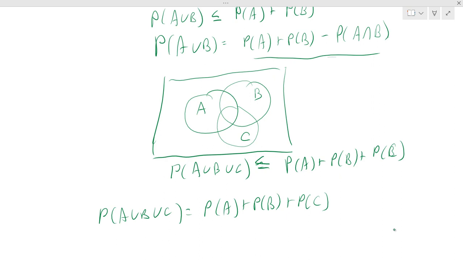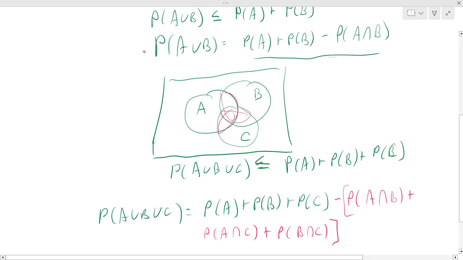Here I actually have three intersections: this one here, this one here, and this one here. So I can subtract P of A intersect B, plus P of A intersect C, plus P of B intersect C. Now, if I subtract this, I'm subtracting this overlap once, this overlap once, this overlap once.